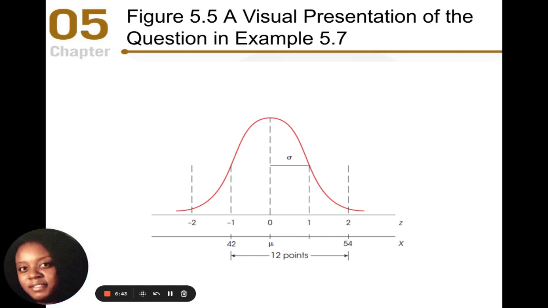And if we look at this one, there's a 12-point distance from 42 to 54, which corresponds to 3 standard deviations, so the standard deviation would have to be 4. Then our X value would be 42, which is below the mean by 1 standard deviation. So the mean would be 46.